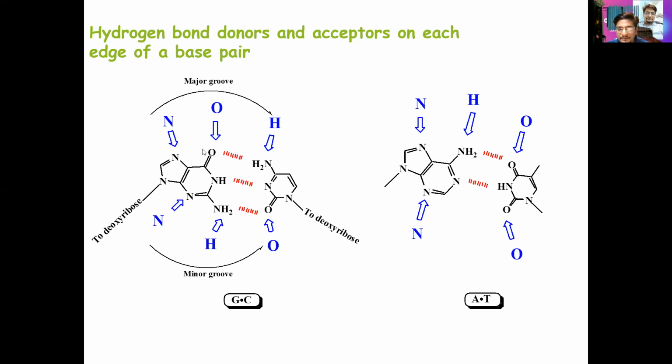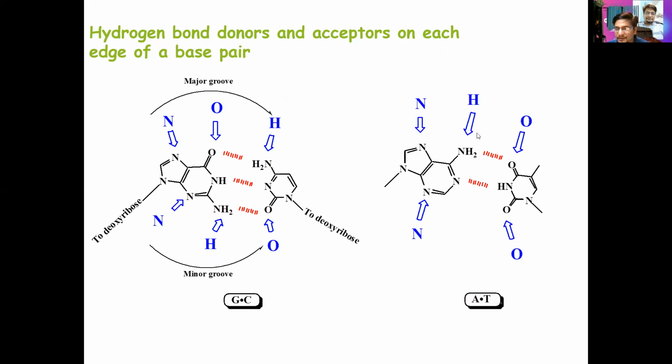Here, if you see this, in this case, if it is guanine and the cytosine, guanine is going to give up the hydrogen for making this hydrogen bond happen. So NOH is going to be the major groove part, and the minor groove side NHO.